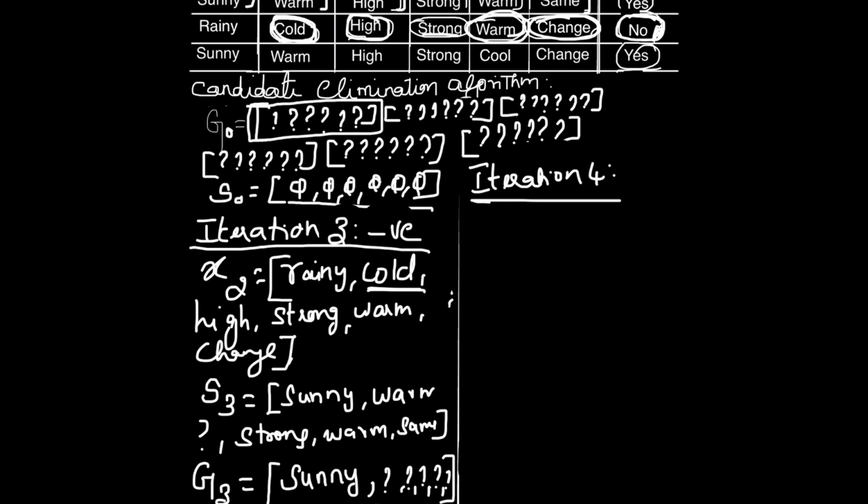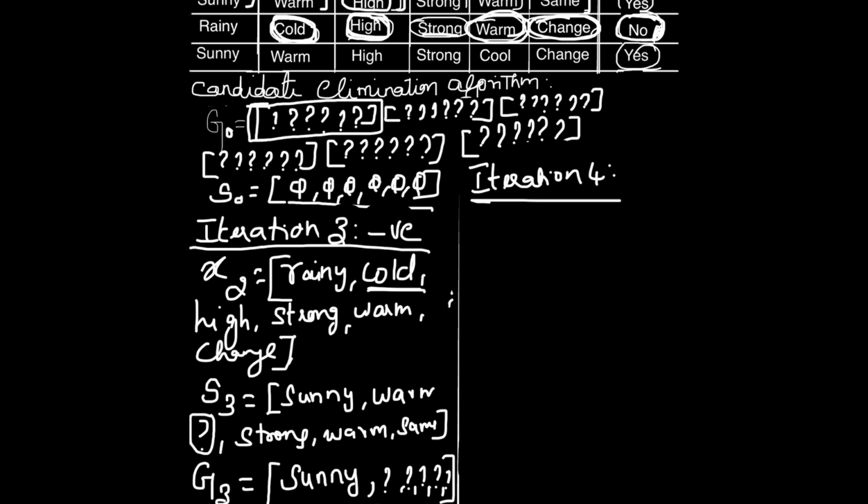What is consistent data? See, in iteration 3, we have a specific hypothesis and a generic hypothesis. And in the specific hypothesis, we concluded that the third attribute value, that is the humid attribute value, is not consistent throughout the samples. See here in humid, the first data is normal, the second data is high and the third data is high.